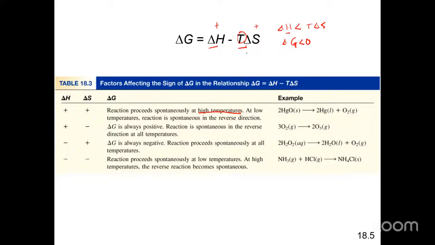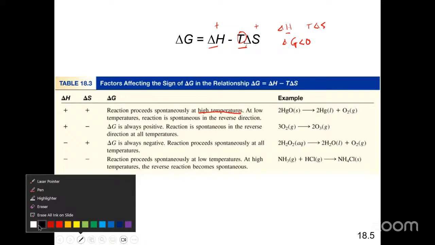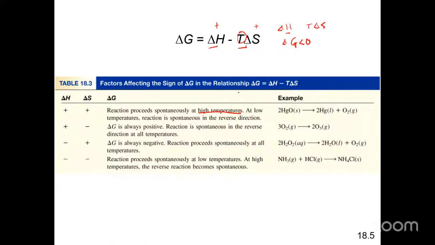Now, what if the temperature is low? If the temperature is low, then that means that delta H now would be greater than T delta S if delta S and delta H are positive.